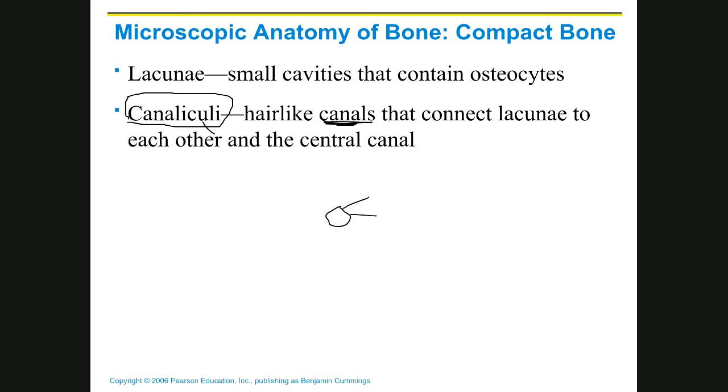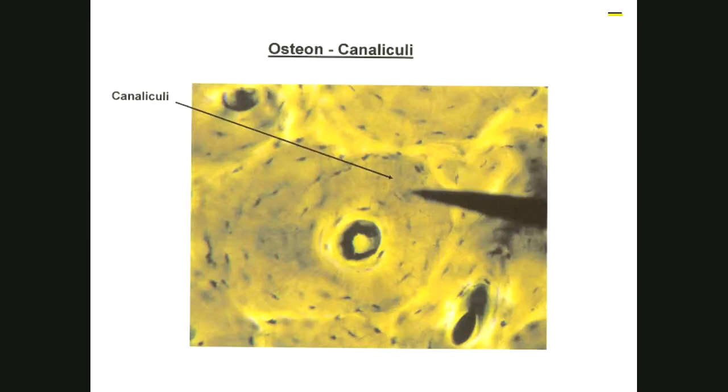And then remember, the cells are going to hold hands with each other. And they hold hands through these little tiny canals so that they can pass nutrients from a blood vessel, from this cell to this cell, and so on. And there you can see them here, these little tiny things.